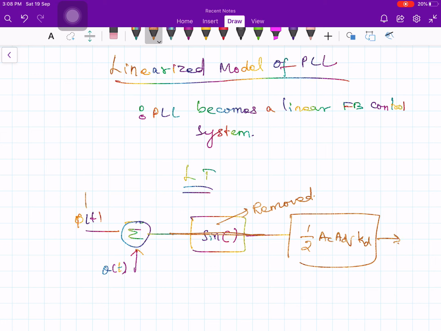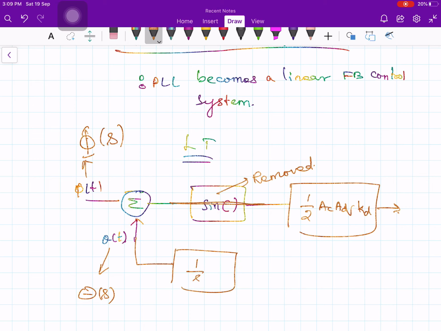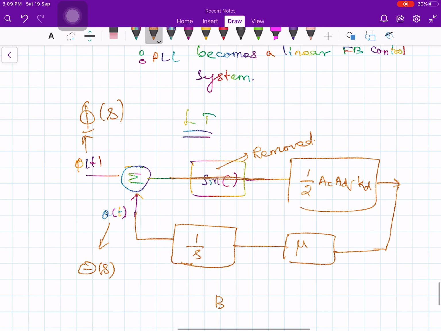Now this phi of t becomes capital Phi of S if you take Laplace transform, and this theta of t becomes capital Theta of S. In the feedback path, that integrator becomes 1 by S, and this amplifier has some constant mu like this. So this is your block diagram in S domain.